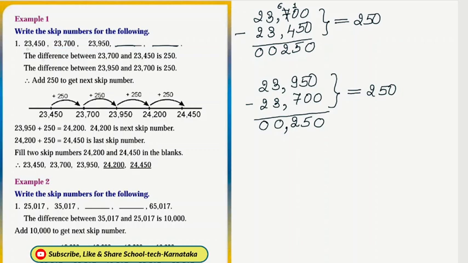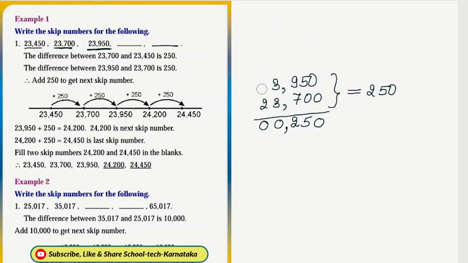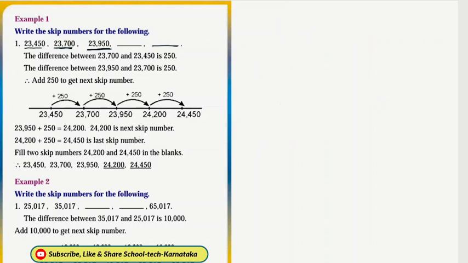So now what do we find is, since the difference between these two numbers is 250 and the difference between these two numbers is 250, to find the next number we need to add 250 to this number. So how do we add 250 to that number? 23,950 plus 250.